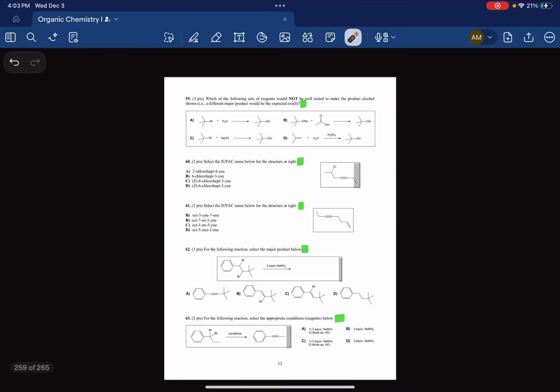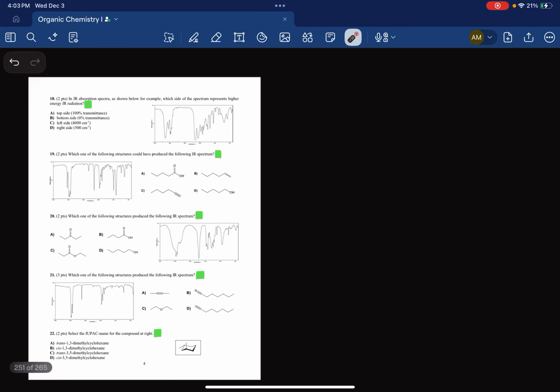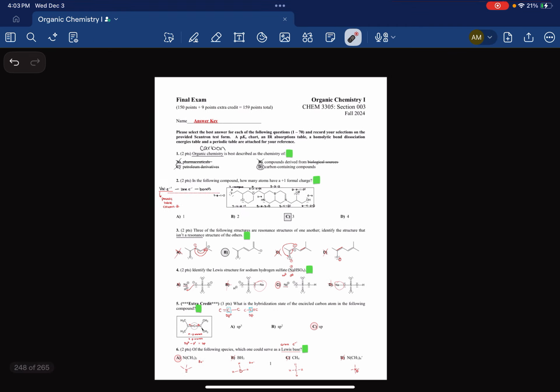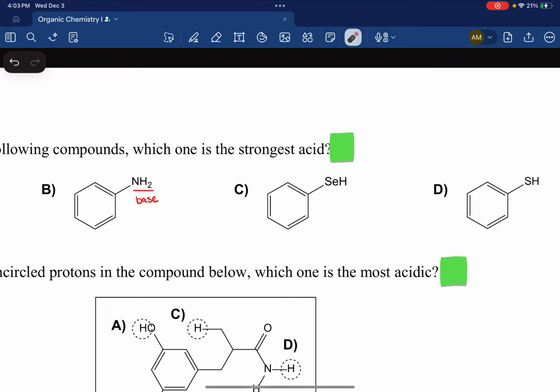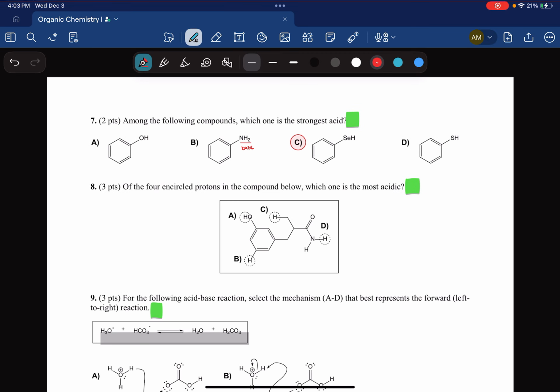As far as acidity goes, it's not that much more electronegative, but selenium is significantly larger, so selenium is going to win out in that battle. And we knew that this wasn't it because it had a pKa of about 10, and this one's pKa was about, I forgot, I think it's like 7. And we know that NH is a base.